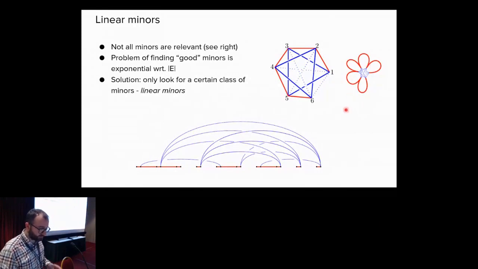We don't take this into consideration, so we filter those out. This is, however, not easy. It's exponential with respect to the number of edges in the graph. So we restrict ourselves to a smaller subset of minors, called linear minors, in which we consider only those regions linearly present on the strand, which are consecutive.